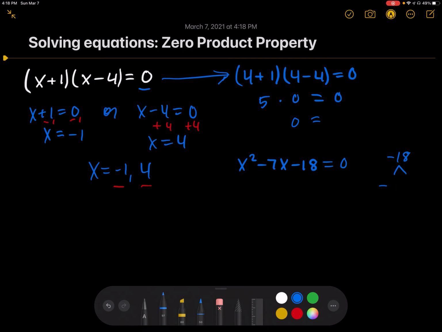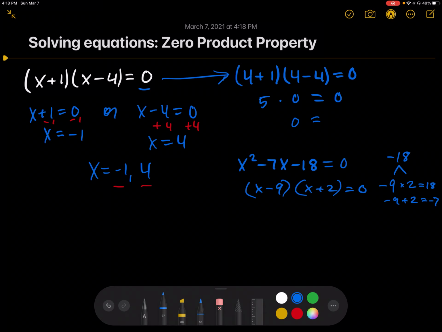The answer is going to end up being negative 9 and 2, because negative 9 times 2 is negative 18, and negative 9 plus 2 is negative 7. So once you do that, you make your parentheses and put your x at the start. We got x minus 9 and then x plus 2 equals 0.